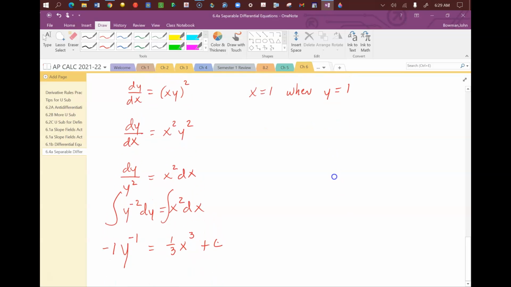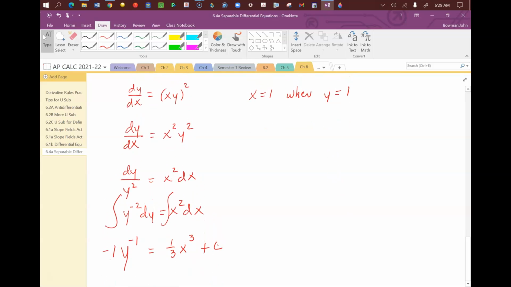So we're going to plug those in and solve for our constant. So negative 1 is equal to 1/3 times 1 plus c. So when we go ahead and we solve that, we have c is equal to negative 1 minus 1/3, or negative 4/3.